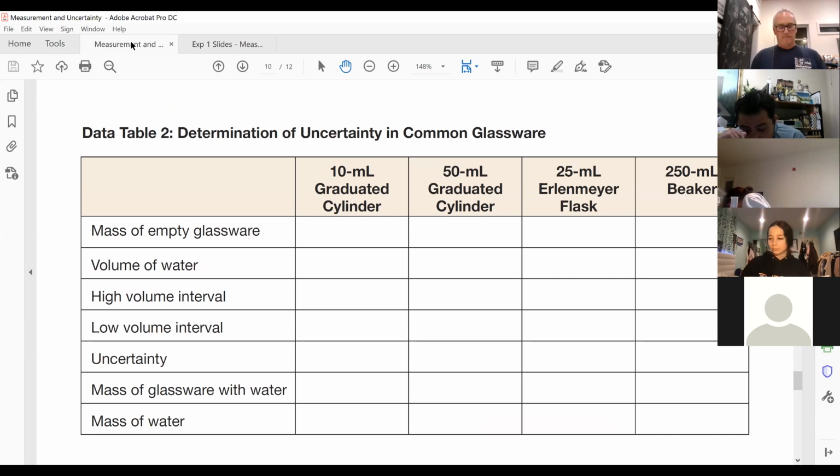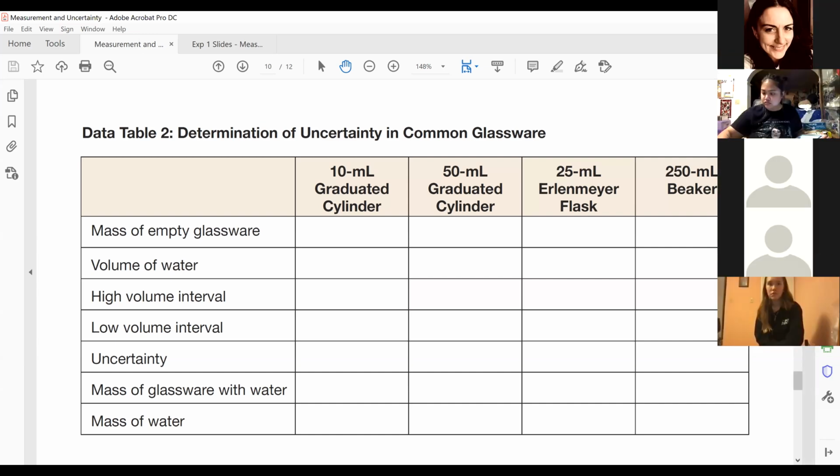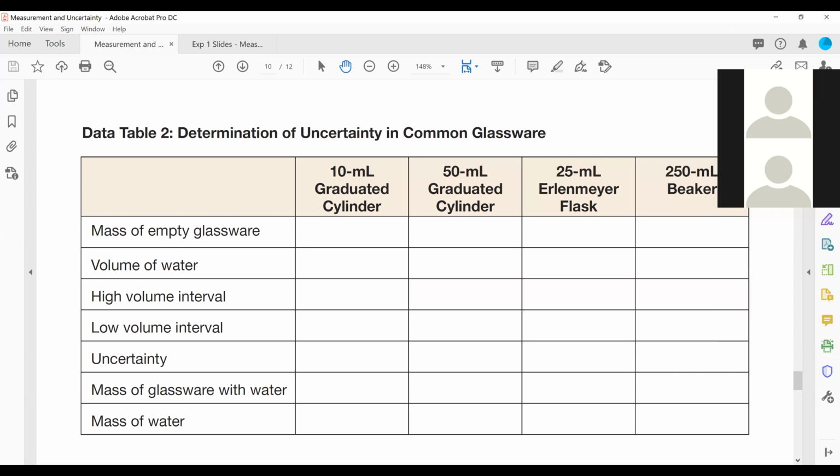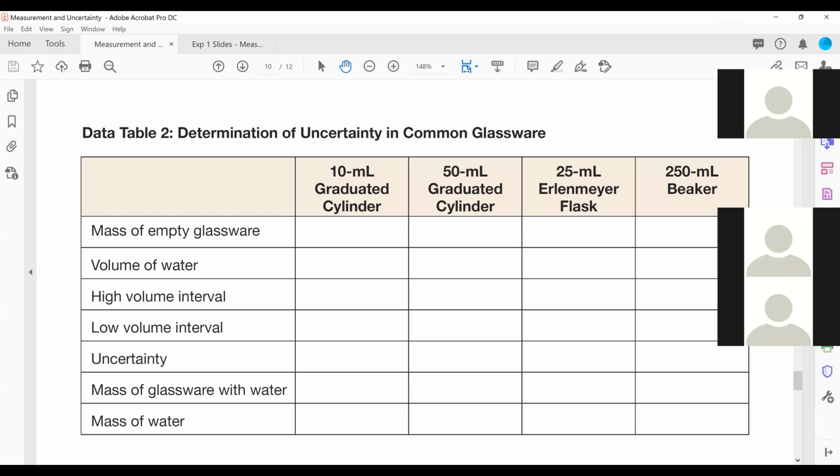So what number are we putting down on the volume? For data table number 2, row 2, the volume of water, in the first column, 10 milliliter graduated cylinder, is that measurement of the mass going to be with or without?